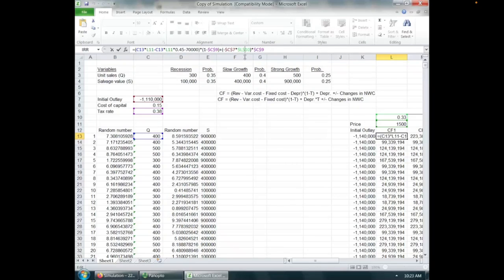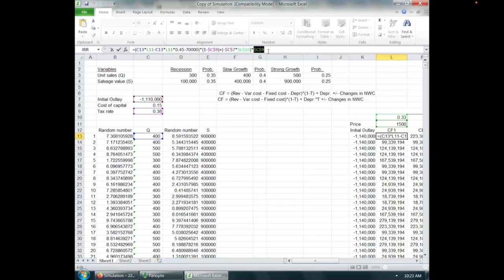So what are we depreciating? We're depreciating this initial outlay, $1.11 million. So if I take the initial outlay and multiply by the depreciation percentage, as we have here, 33%, this will be my depreciation in year one.